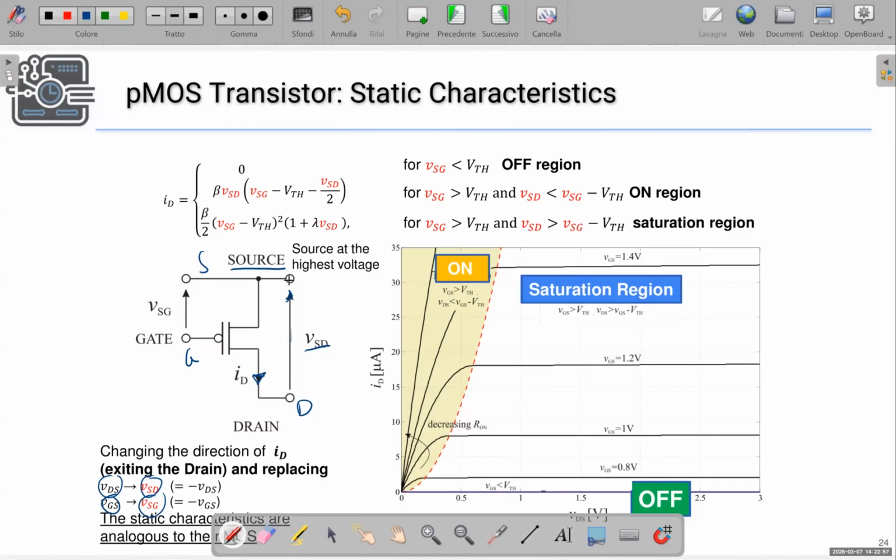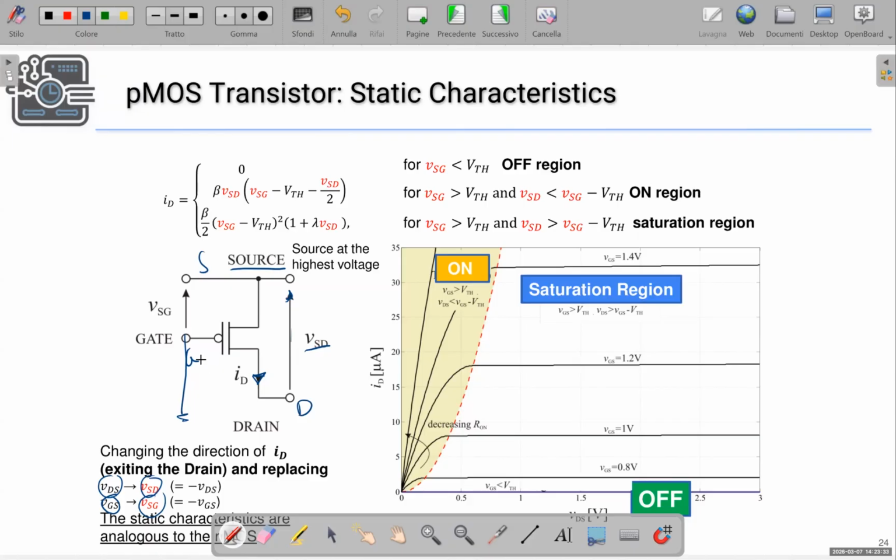Having said that, for a gate voltage sufficiently high, that is the source gate voltage smaller than the threshold voltage, the PMOS device is off. For a gate voltage sufficiently low, fixing the source voltage, and for a small source drain voltage, the PMOS transistor is in the on region and it behaves as a small resistance or short circuit.